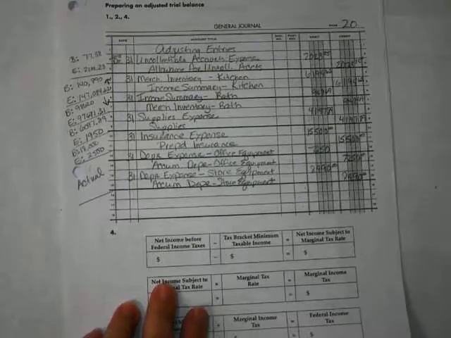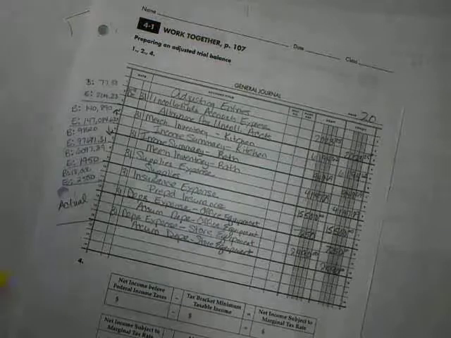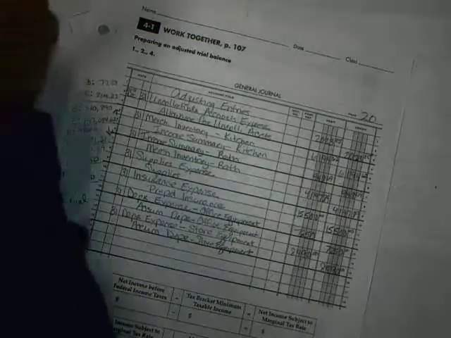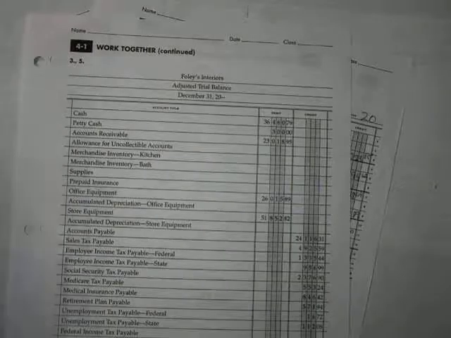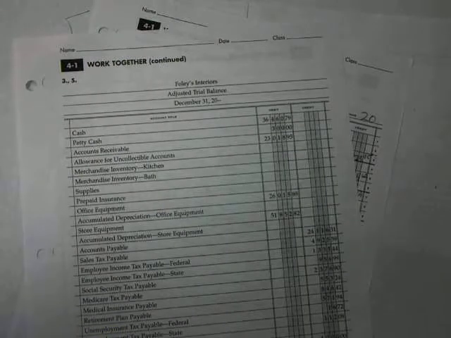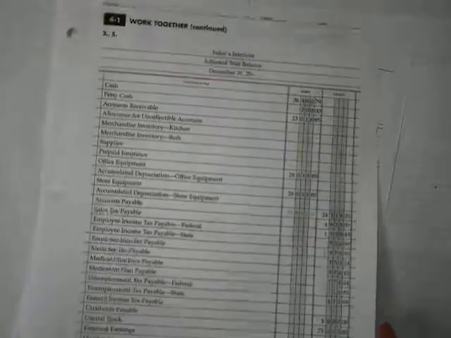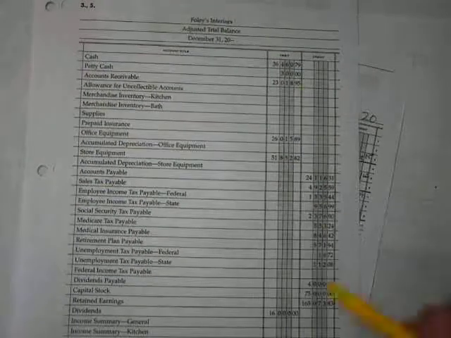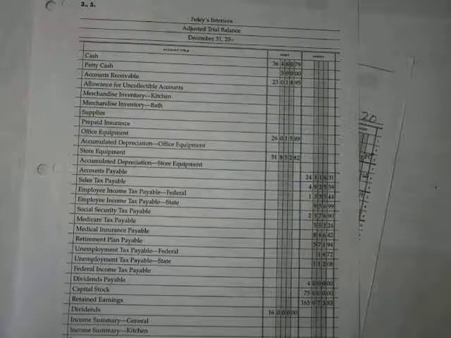Once you post, so now you're coming back to this video, I hope, after you've posted. Once you post, it says to enter the adjusted account balances on the adjusted trial balance. So you have a page for the adjusted trial balances that has these blanks in here. They put all the other numbers in for you.